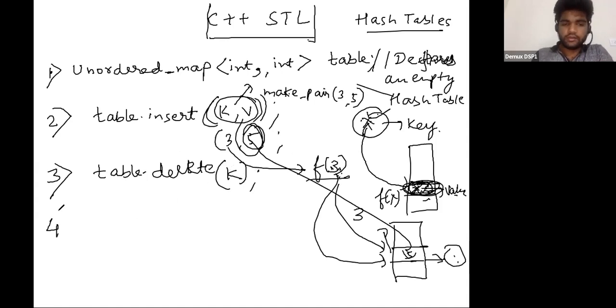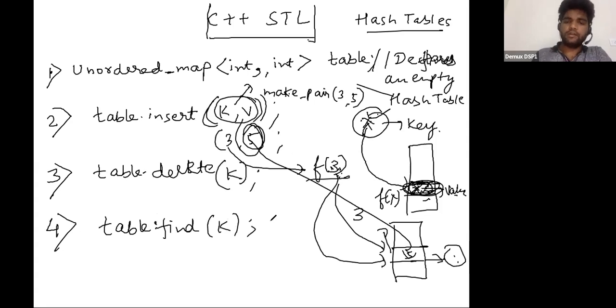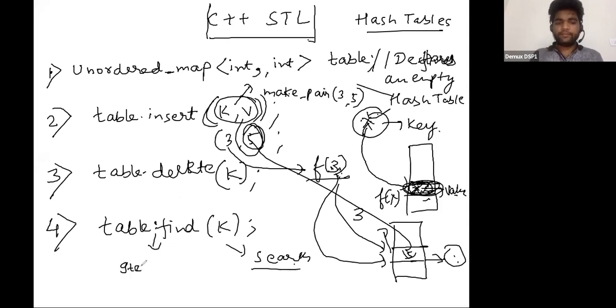You could search, which is table dot find, with a key. When you do a search, once you do a table dot find k, it will return an iterator or a pointer.